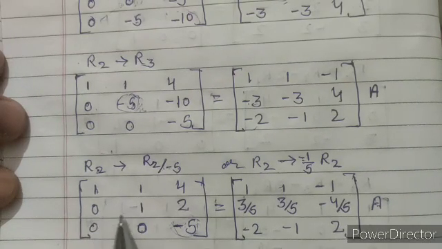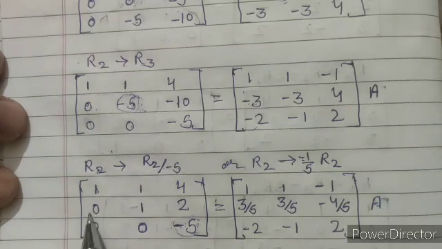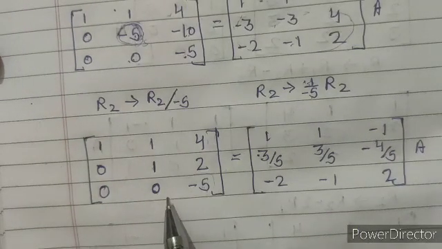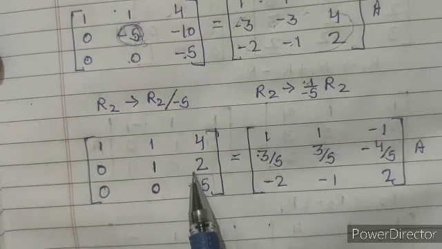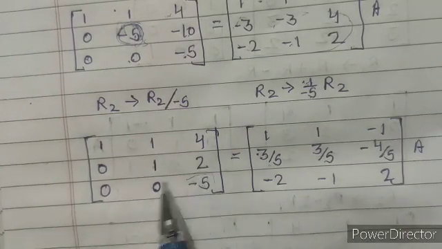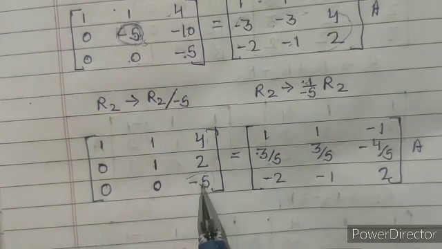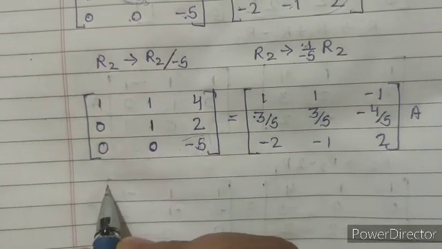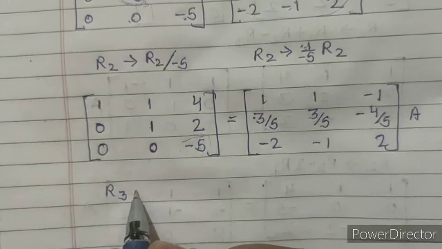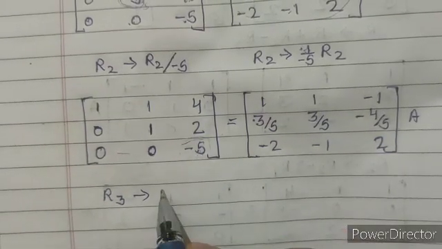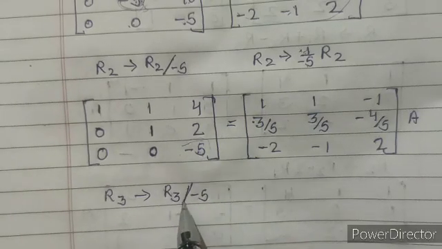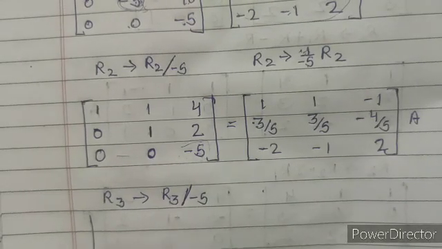That will change the elements which we have obtained earlier, and any of the rows to make it 0. So we will divide the third row by minus 5 to make it 1. That means here we need the transformation R3 to R3 divided by minus 5.